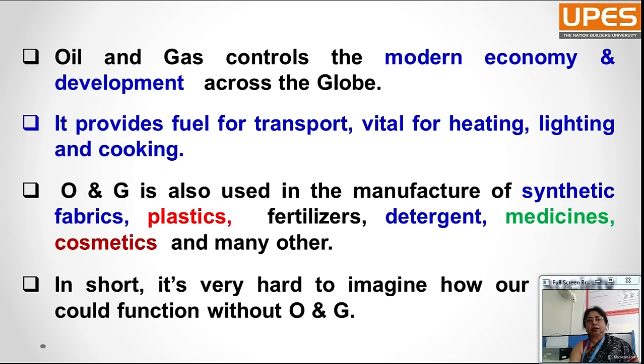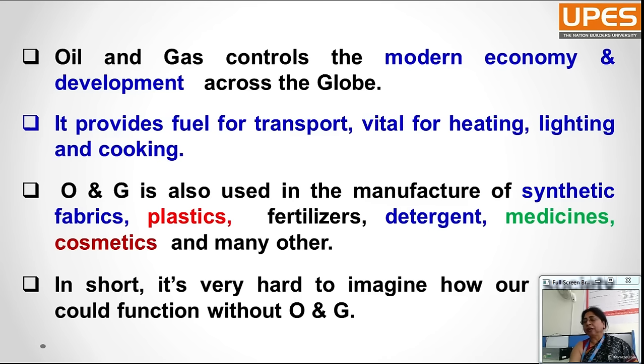It provides fuel for transport, and is very vital for heating, lighting, and cooking. It is also used in manufacturing synthetic fabrics, plastics, fertilizer, medicine, cosmetics, detergent, you name it, everything. There is oil and gas attached to it.